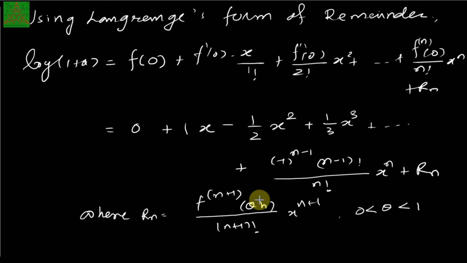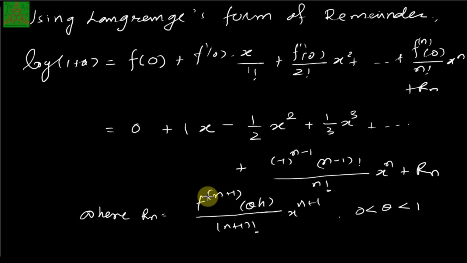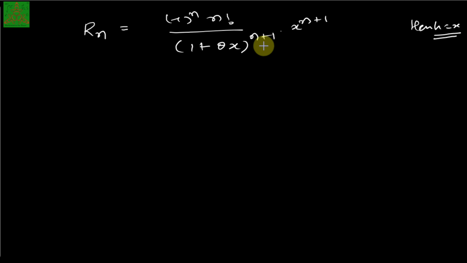Here I have taken h equal to x, where h is any value, and x is also any value. Now this is the n plus 1th derivative at theta into h, and upon n factorial is already there. So that's why this upon n plus 1 factorial is there.